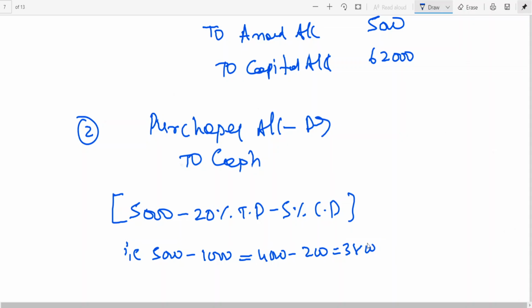You can cross check 20% on 5,000. No, my dear friends, it is coming to 4,000. On that, you are expecting 5% cash discount, 200. So how much you are paying? 3,800. Reasoning I have already given to you. So cash discount will be calculated after deducting the trade discount.